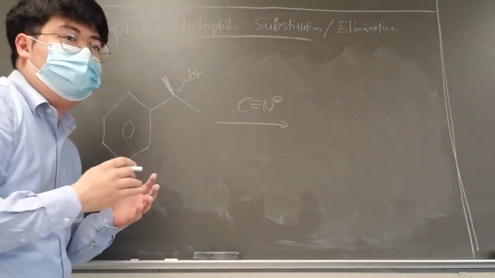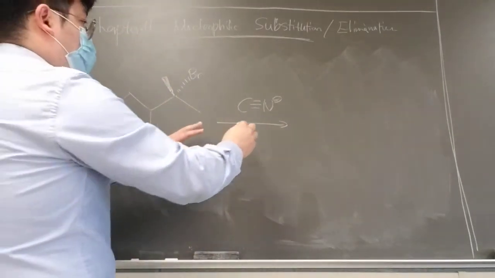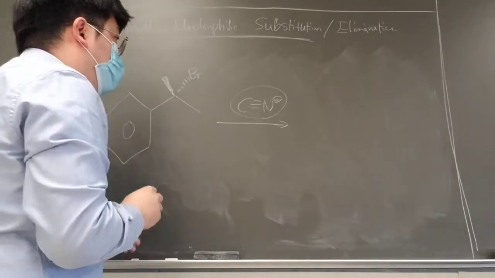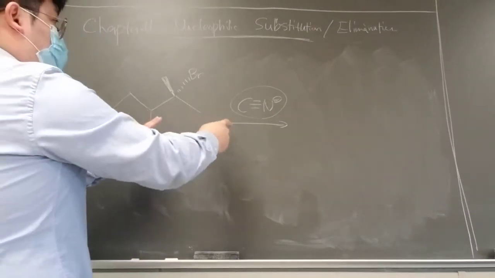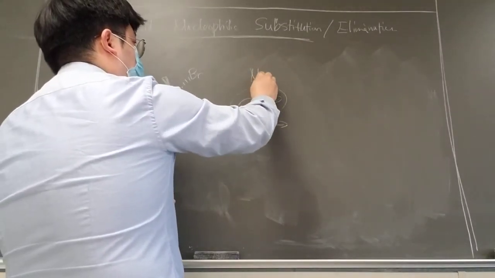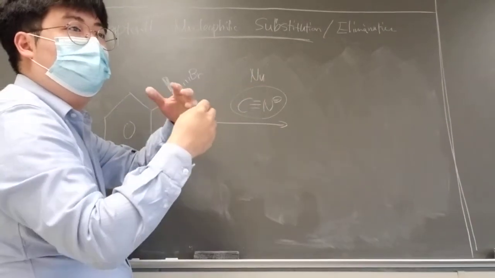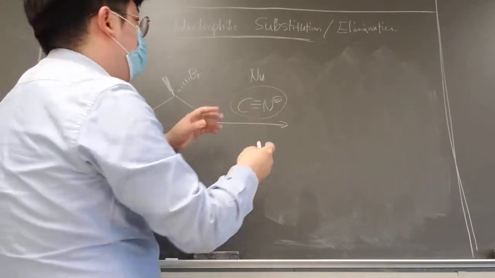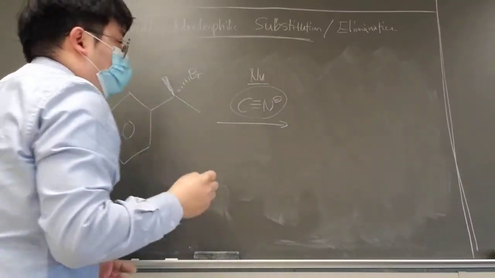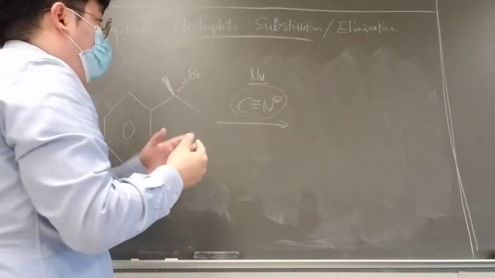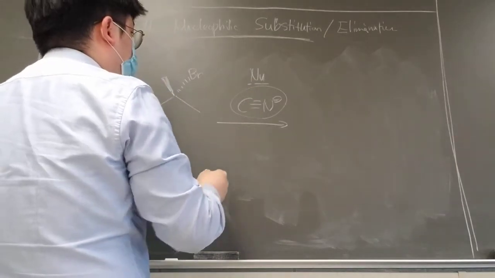So we can treat it with sodium cyanide. The anion part of this, the cyanide anion, will also work as a nucleophile. So if I put the Nu, it's just the acronym for nucleophile. So whenever you see this one, you can think of this as a nucleophile. Okay, Nu is the acronym for nucleophile.